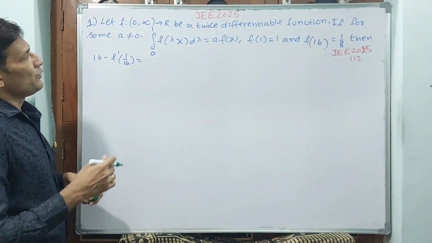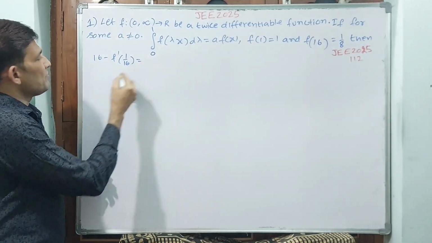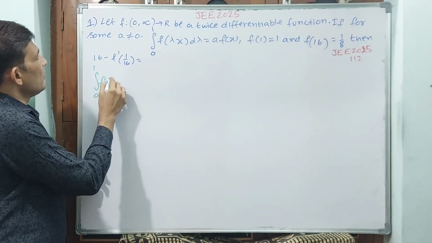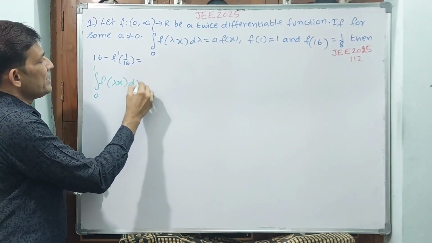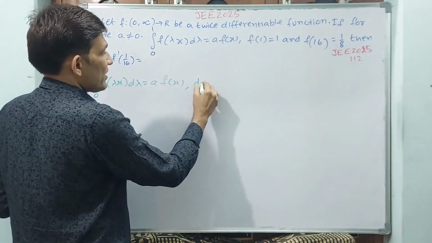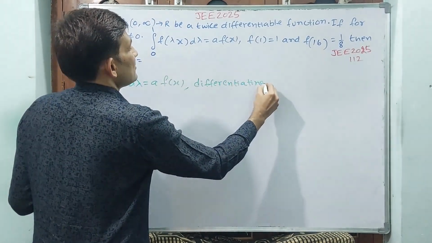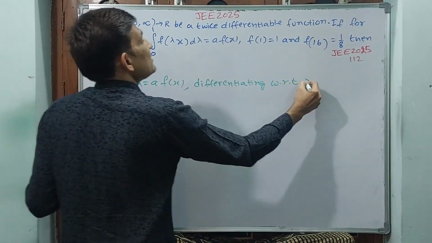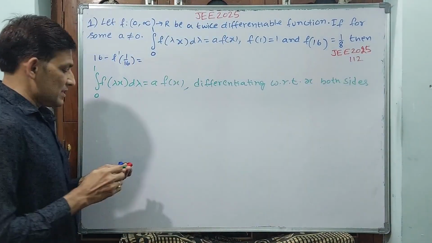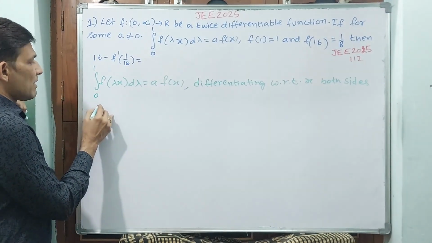Let us see how we are going to do that. Same thing I am writing, but I am going to do differentiation with respect to x. But before that, let me write the integral 0 to 1 f of lambda x d lambda is equal to a f of x. Okay, differentiating with respect to x both sides. That means LHS and RHS both sides I am doing with respect to x only. Integration I am not touching.